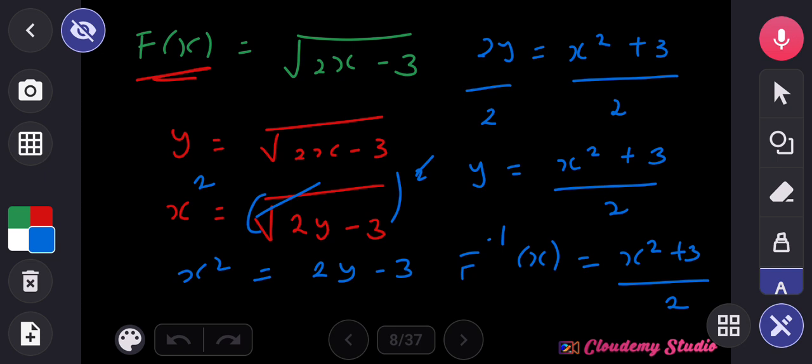Now the next one is another function that we refer to as polynomial function.